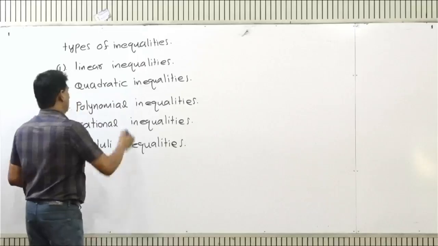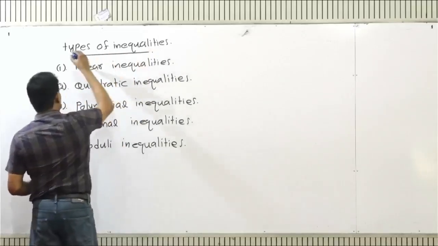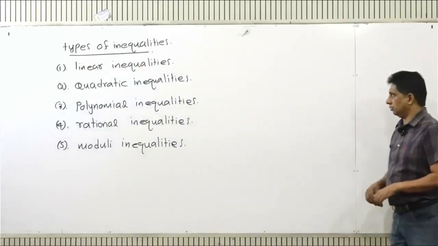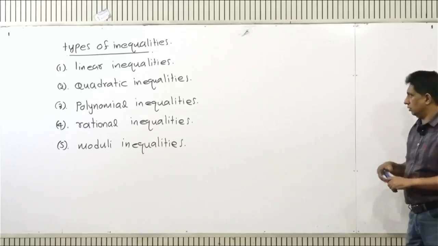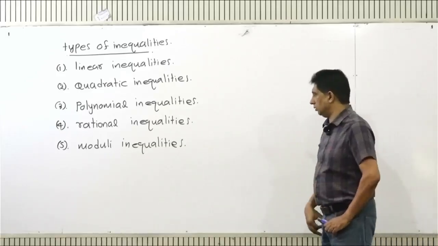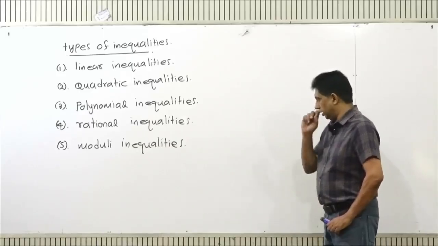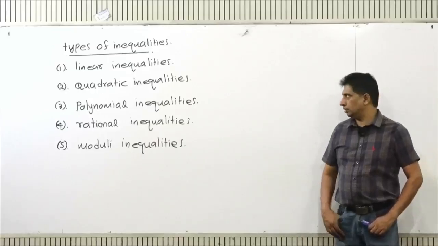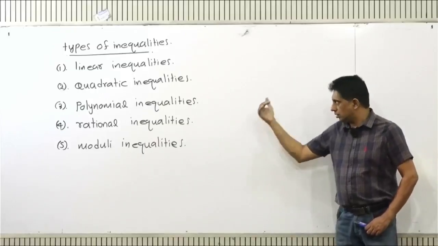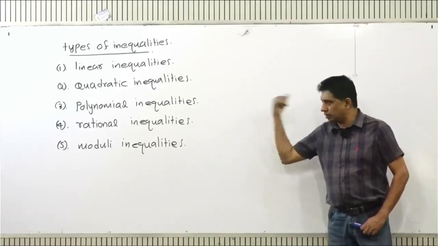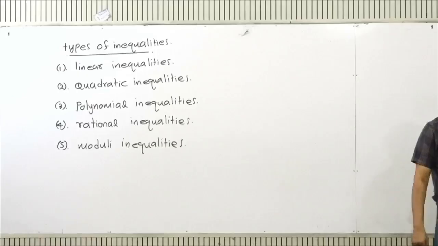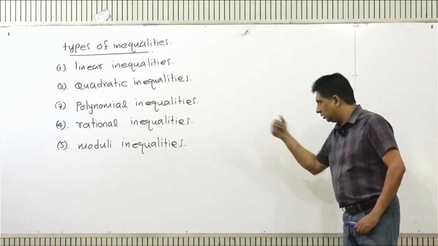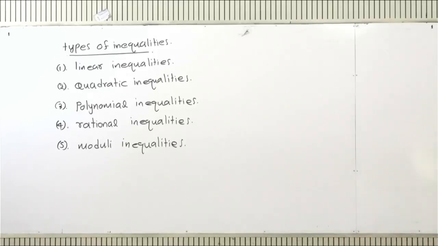Right. Now there are 5 types of inequalities we have to learn. First one, linear inequality. Second one, quadratic inequality. Third one, polynomial inequality. Fourth one, rational inequality. And fifth one, modular inequality. Then you have to learn one by one what each inequality is and how we can solve this type of inequalities, right? So write down types of inequalities. Under that topic, write down these types of inequalities.